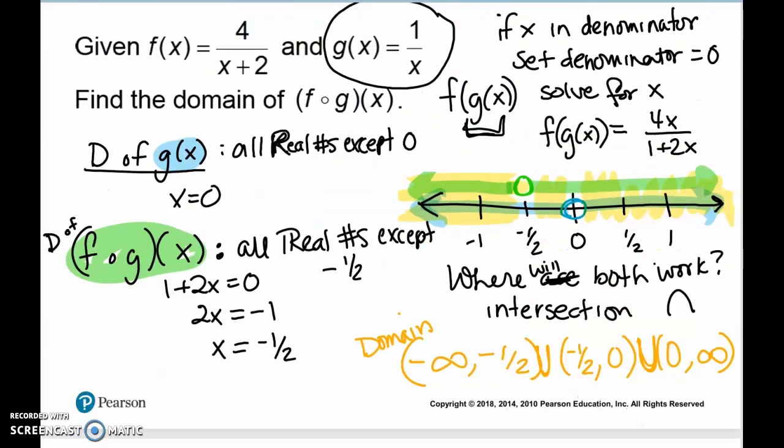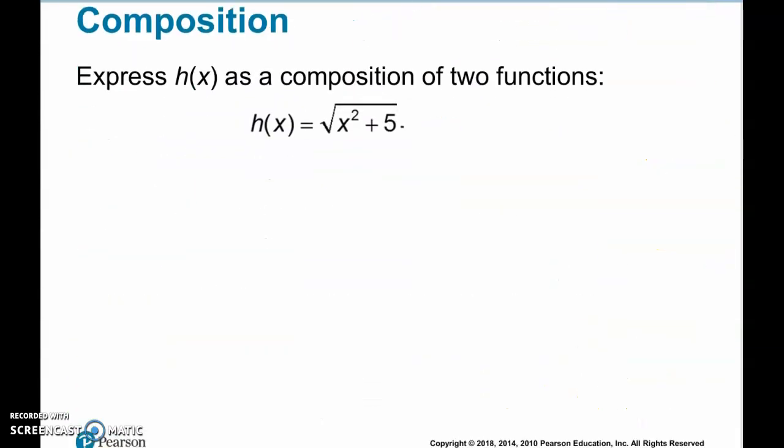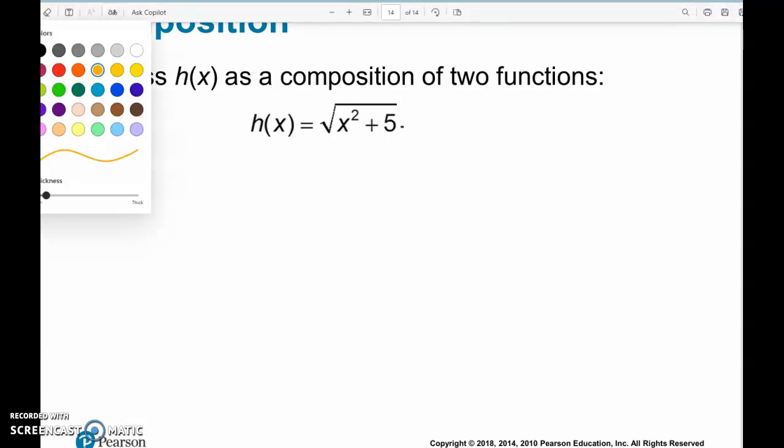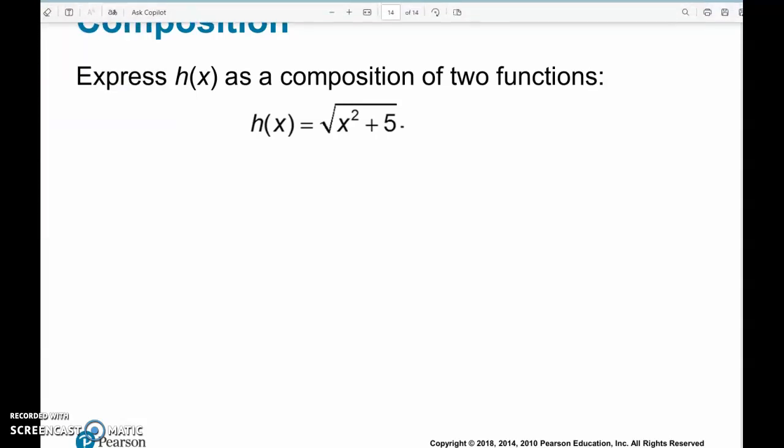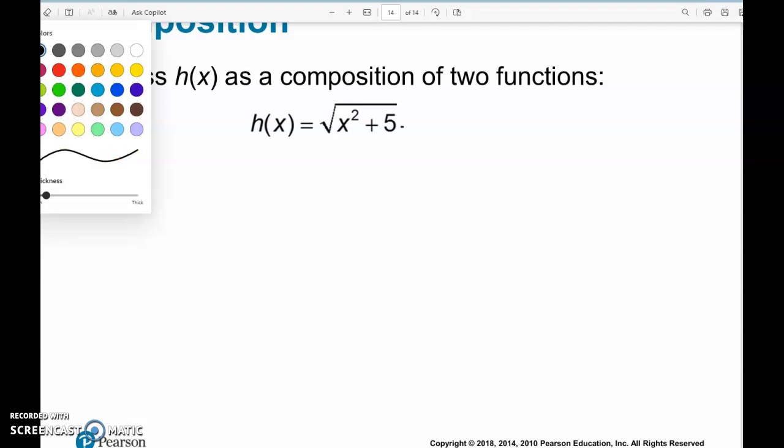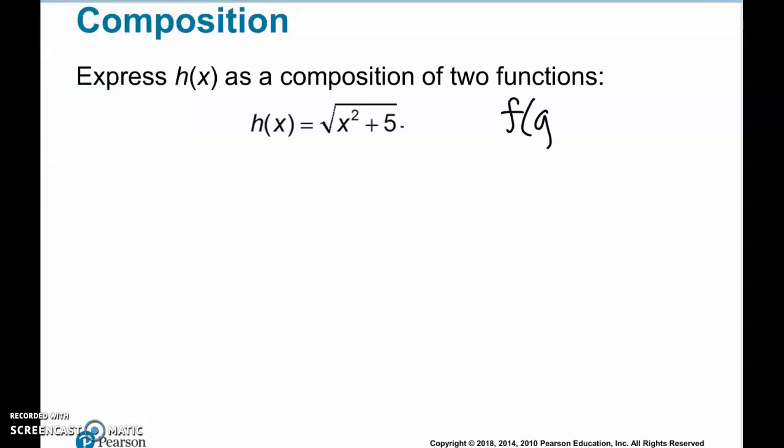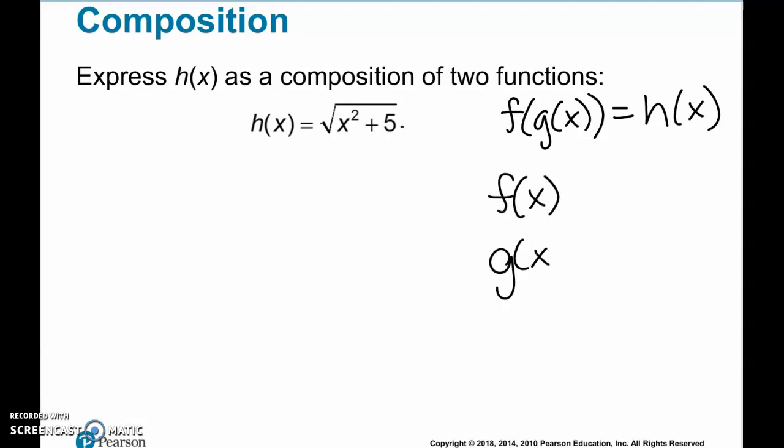When you see these types of problems, I want to know what 2 functions I had to compose to make this h of x. So I want to know what was f of x and what was g of x.